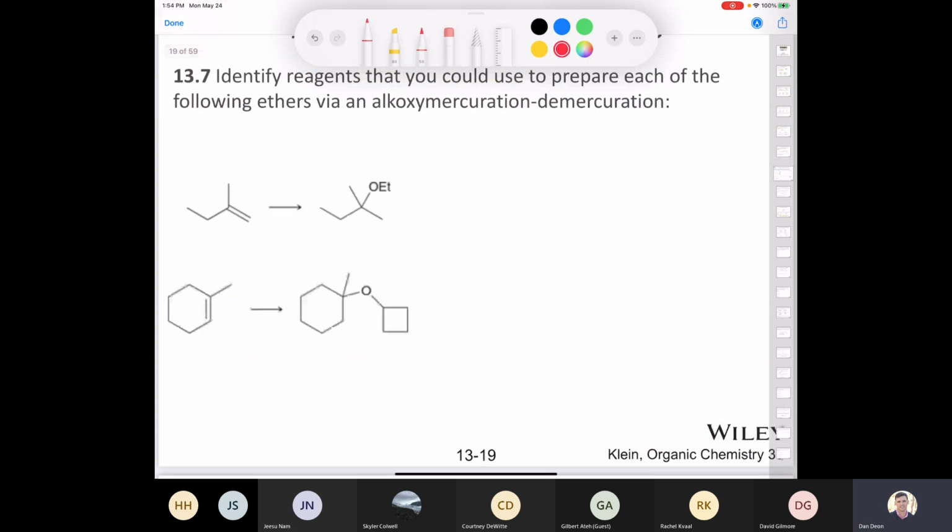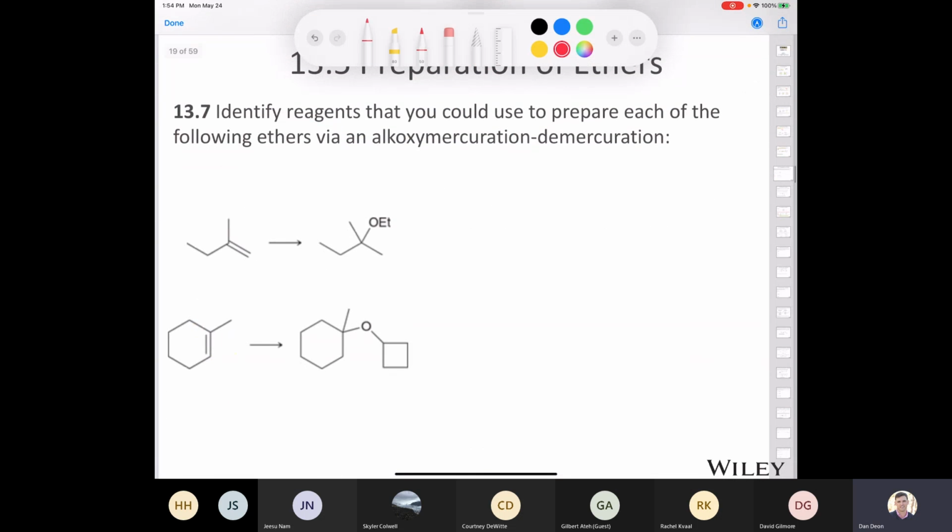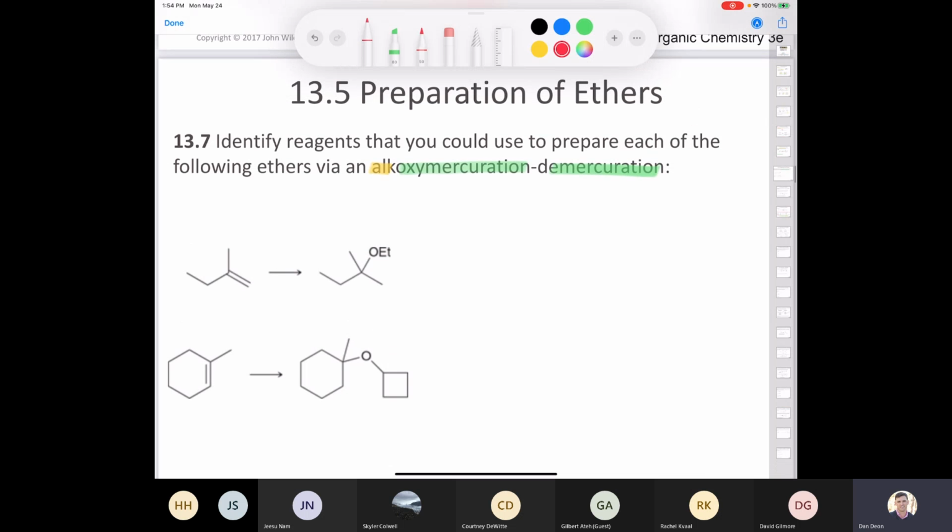All right. Where was I? I was over here. So identify the reagents that you would use to prepare each of these using what? Alkoxymercuration. So it's not oxymercuration demercuration, it's alkoxymercuration demercuration. In the first step, we're going to use mercuric acetate and our alcoholic solvent.